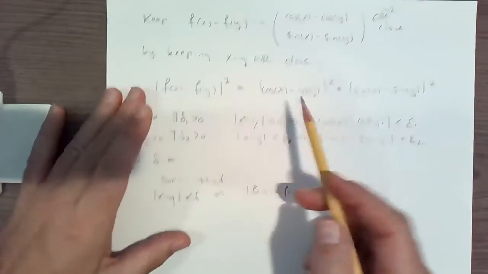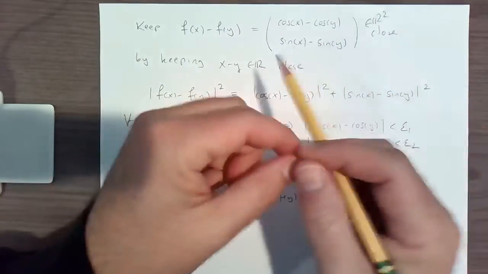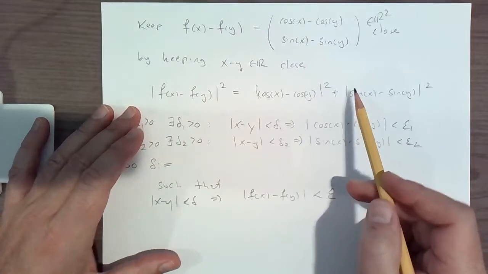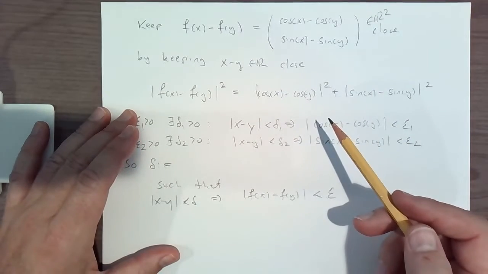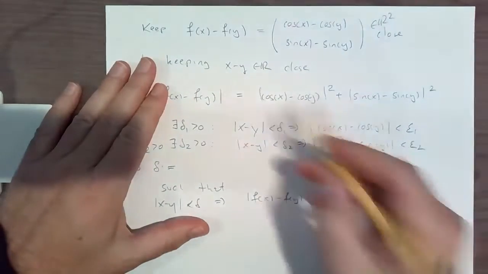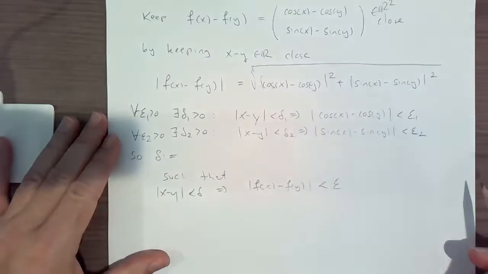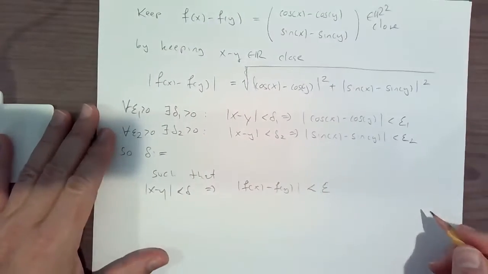So I need to measure what it means to be close in R2. Well, I need a norm. I need to measure length in R2. And the way that I do it is I take each coordinate and square it, add them up, and take the square root. If it's the square here that's bothering you, we can put it over here. It's just such a messy expression.